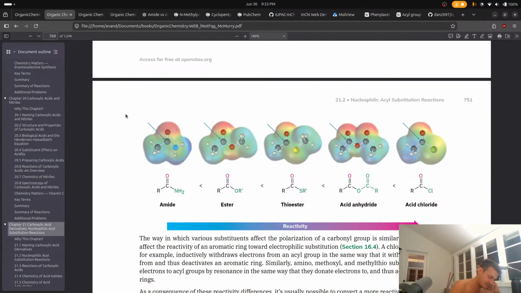Okay, so one, we have amides. They're not very reactive. Two, we have esters. Three, thioesters.